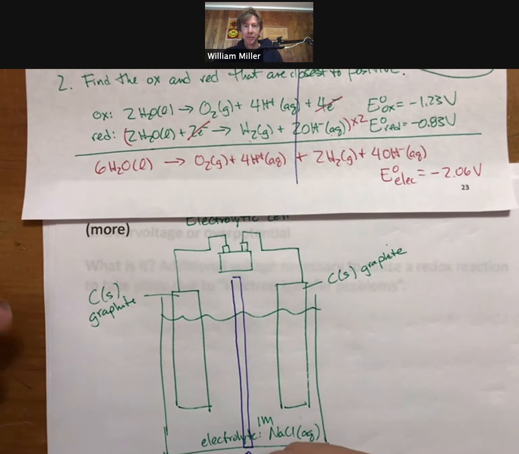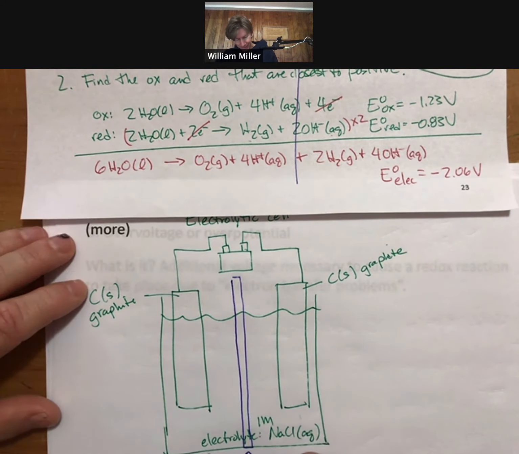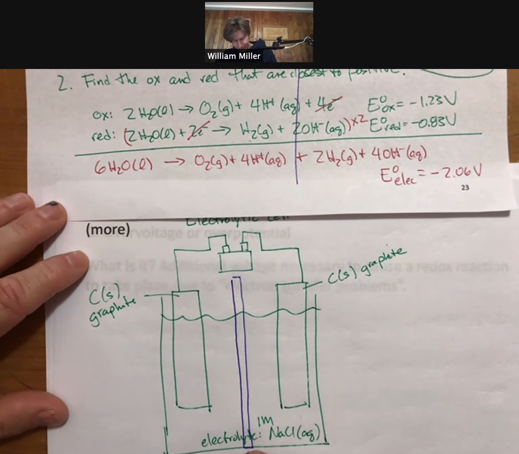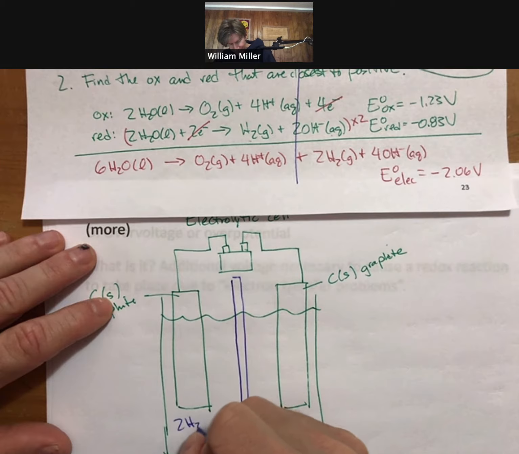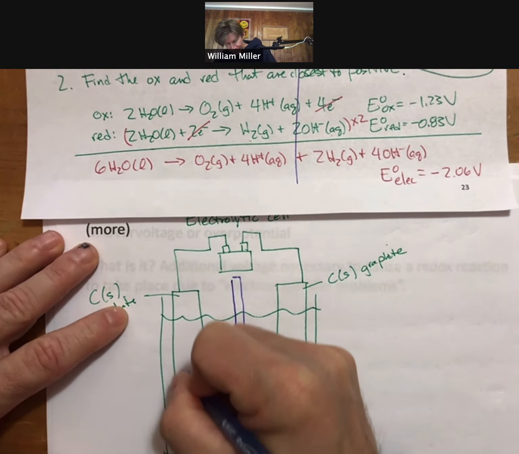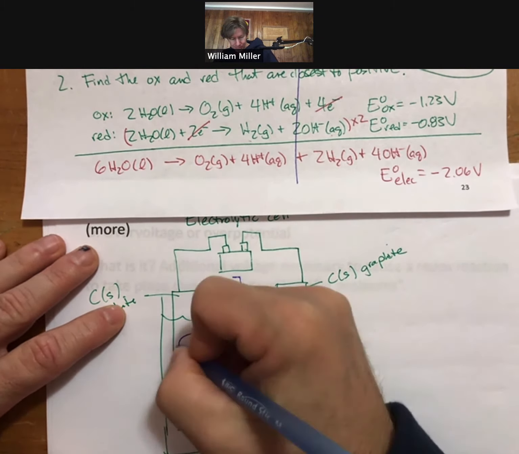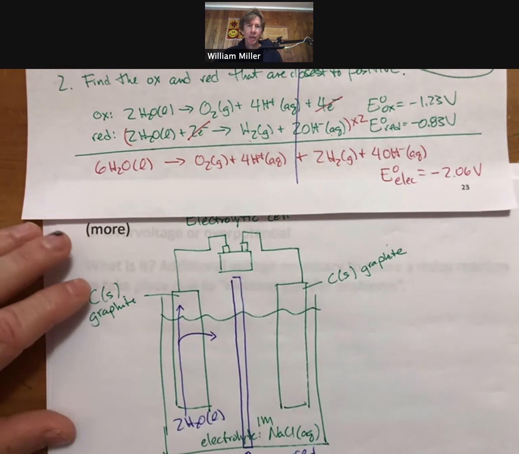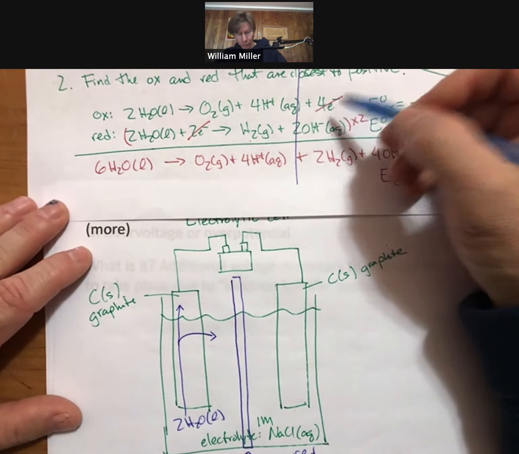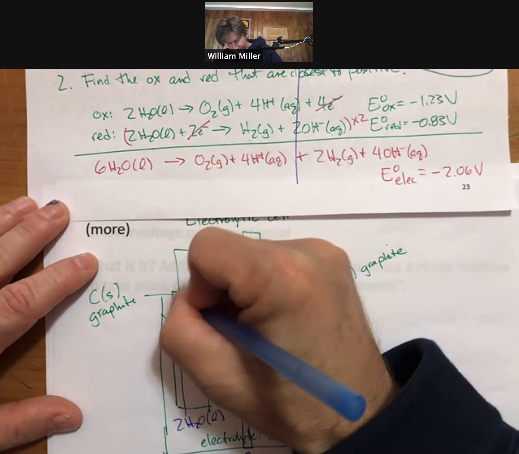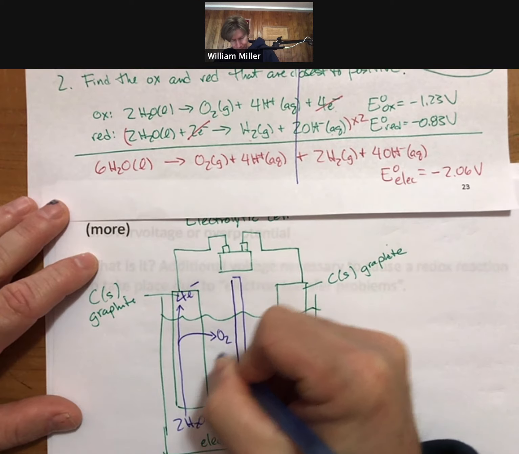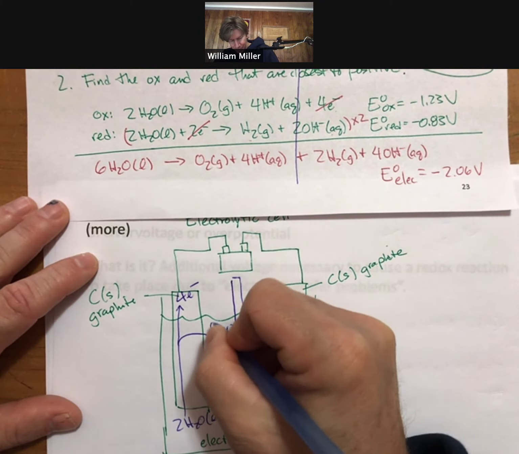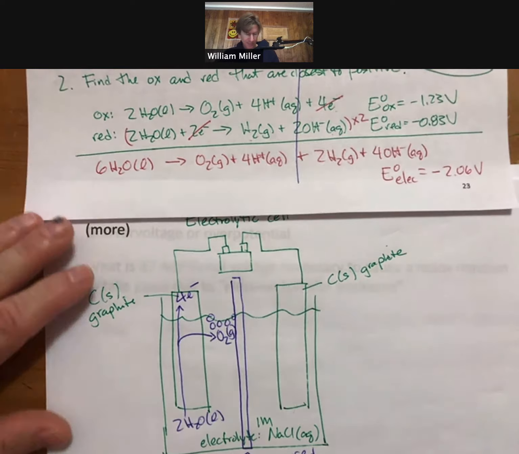All right, a full drawing of an electrolytic cell has the oxidation and reduction half reactions drawn on it. So I'm going to take 2 H2Os. Those 2 H2Os are going to be giving up 4 electrons and producing O2 gas, bubble, bubble.